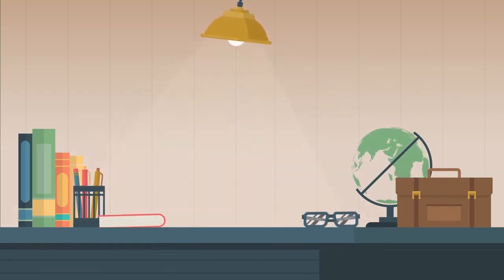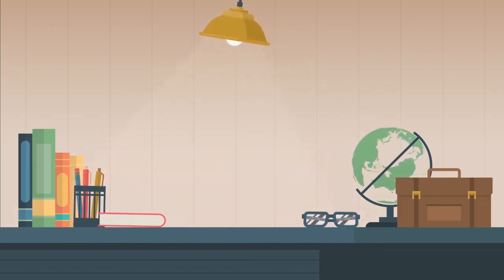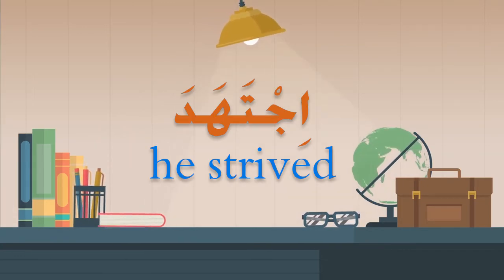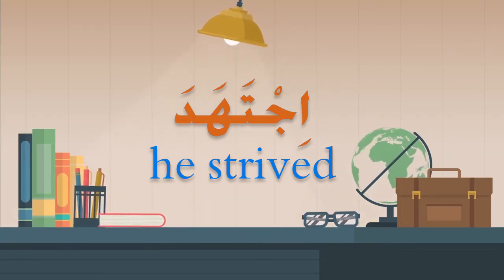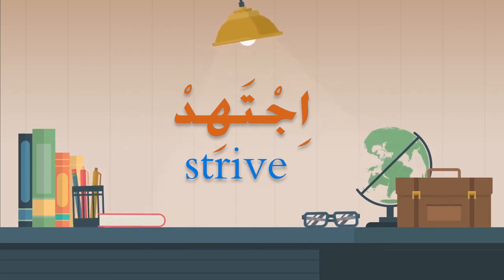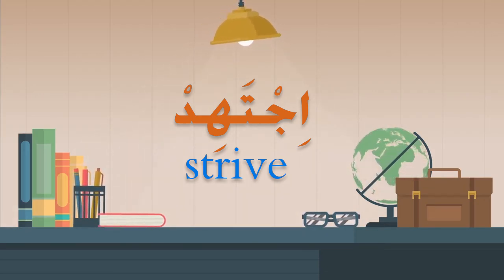In the 5 letters verbs, we also have همزة وصل. For example, اجتهد, he strived. اجتهد, strive. This is an order, or you ask someone to strive.